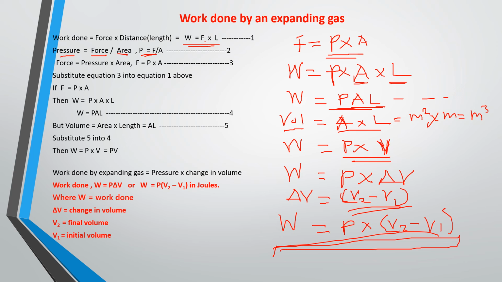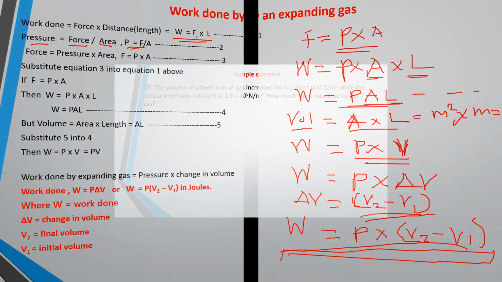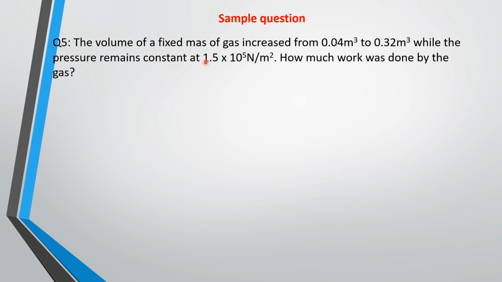Right, so we are going straight now to solve some problems to show how you can use this equation. The volume of a fixed mass of gas increased from 0.04 meter cube to 0.32 meter cube, while the pressure remains constant at 1.5 times 10 to the power 5 Newton per meter square.